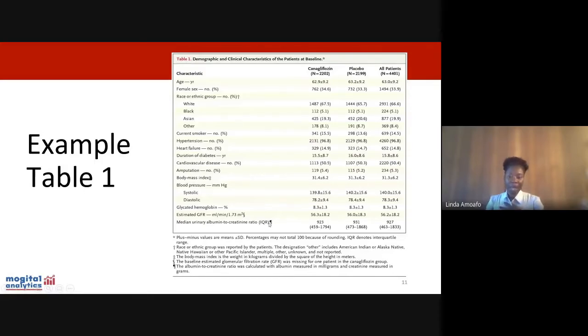Here we have this sign, and that tells us that the albumin to creatinine ratio was calculated with albumin measured in milligrams and creatinine measured in grams. Someone might want to know what the measurement of the albumin to creatinine ratio is, so you need to tell them what is happening there, and that's all that goes into the table 1. They don't have to go back to know what the measurement is supposed to be.